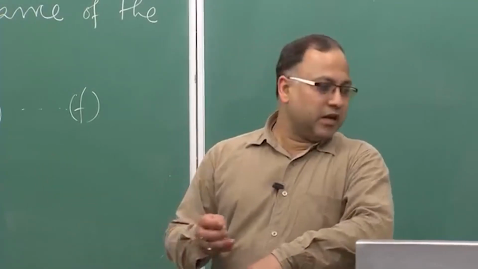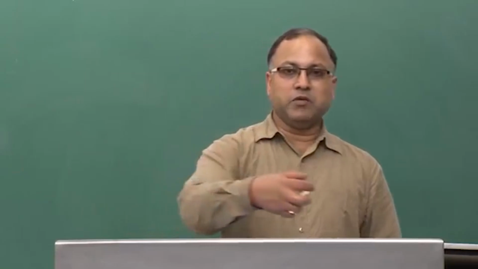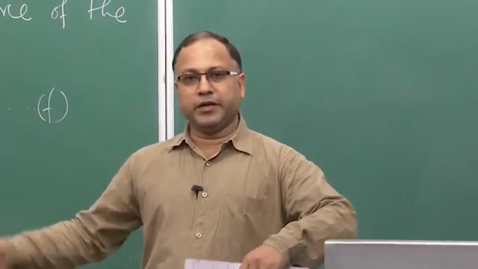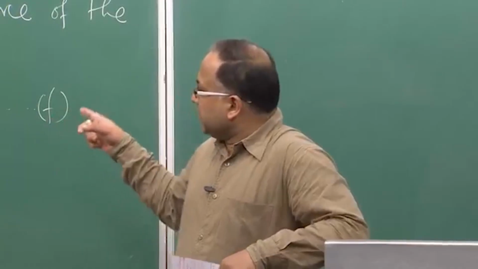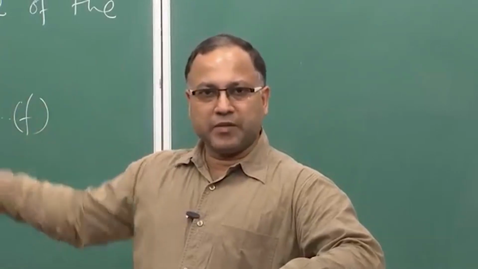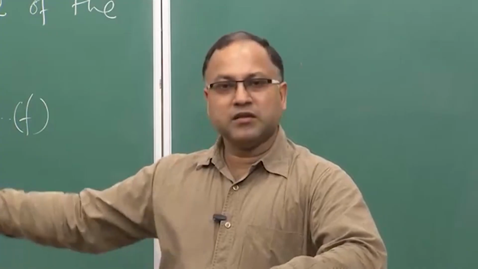That means, as I told you, if you cut this hoop and make it a flat plate under the action of force Ft, then this will be the increase in that flat plate. This increase is happening in the total circumference.